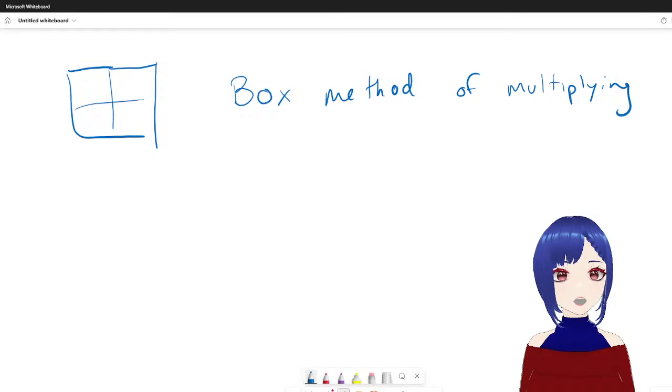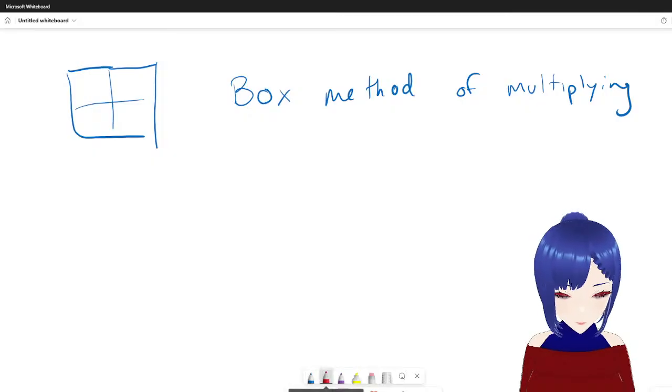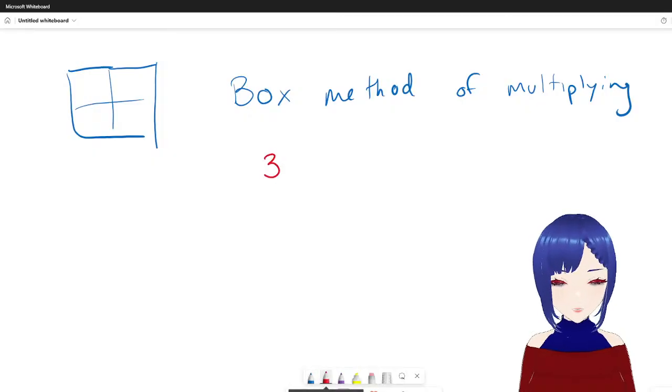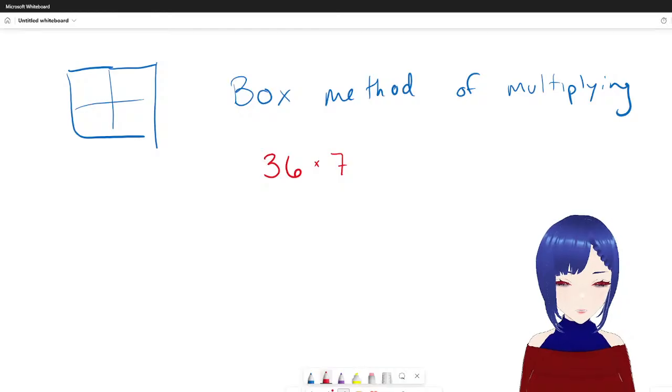So we originally start doing this when we start learning how to multiply 2 and 3 digit numbers together. So we could use it if we wanted to do, let's say, 36 times 74.